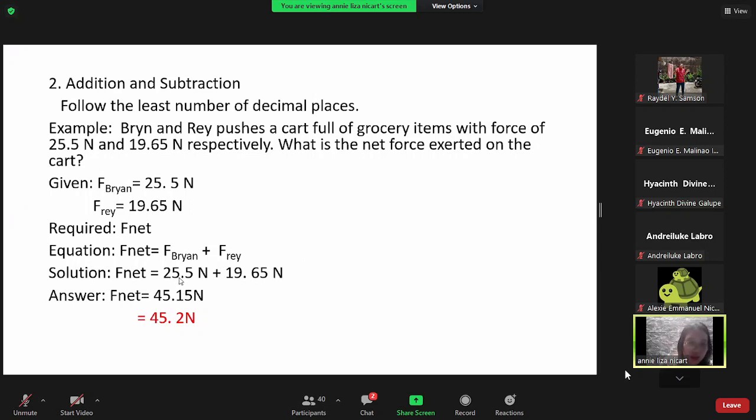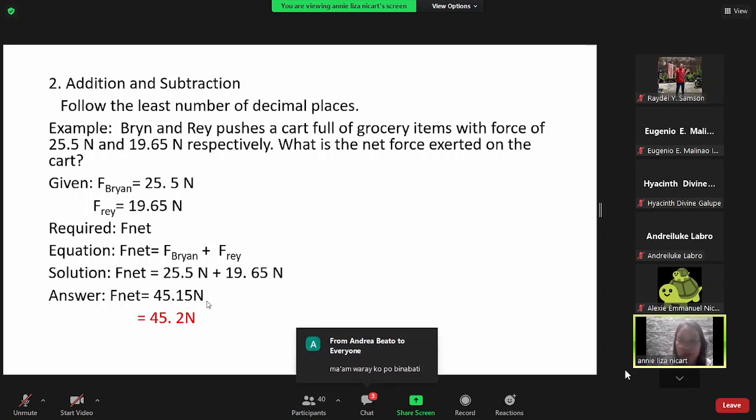So 25.5 Newton plus 19.65 Newton, using your calculator, gives 45.15 Newton. In the givens, how many decimal places does the force exerted by Ryan have?